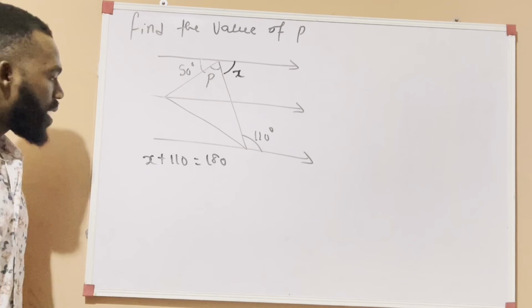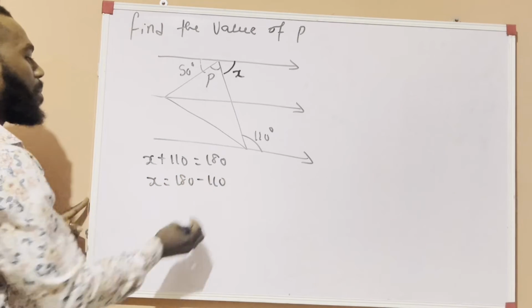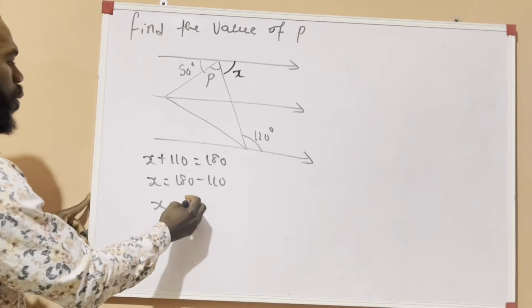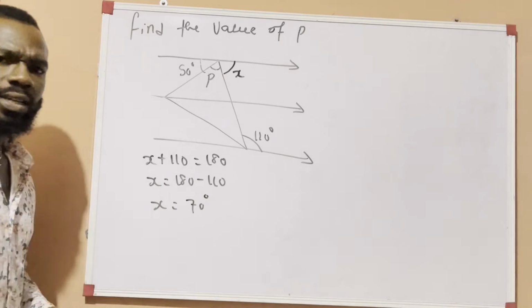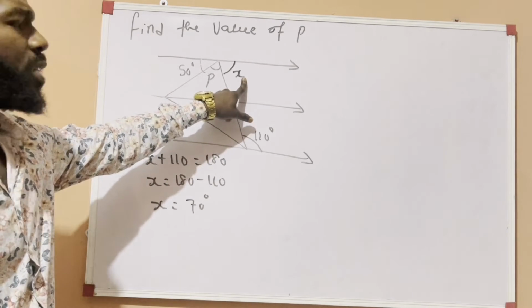Co-interior angles. Now, x is equal to 180 minus 110. So class, if we remove 110 from 180, we are going to get 70 what? Degrees.